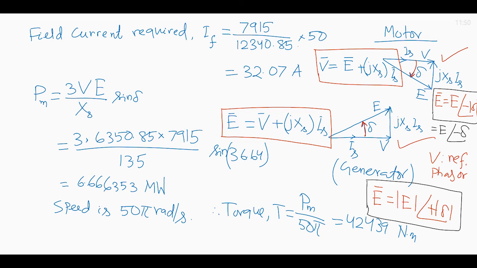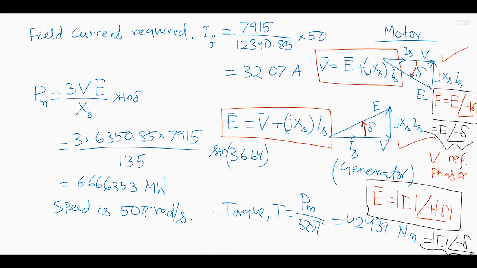So, it is minus delta. So, this remains the same. For a motor, by sign convention, power is positive and load angle delta is positive. So, magnitude of delta is same as delta. So, E phasor is given as E at minus delta.